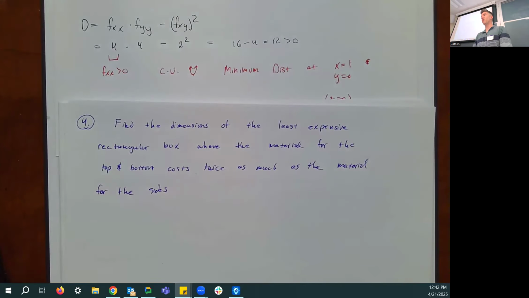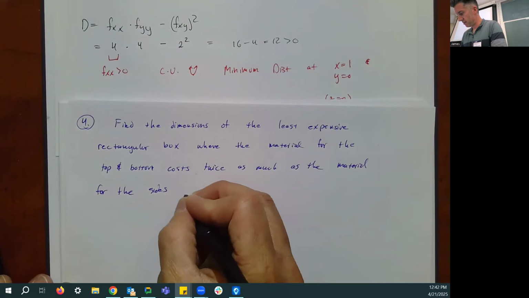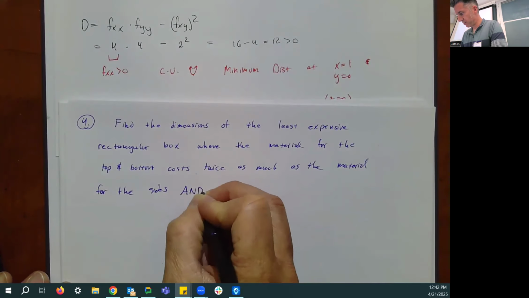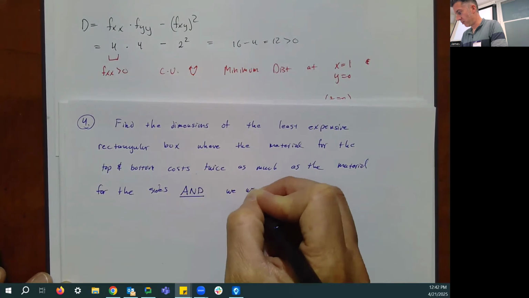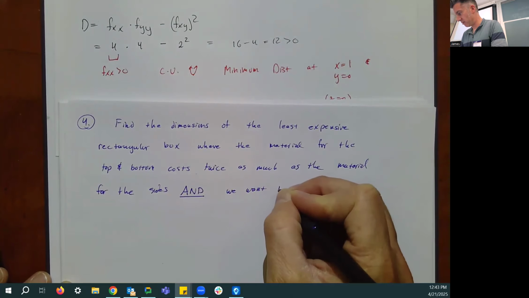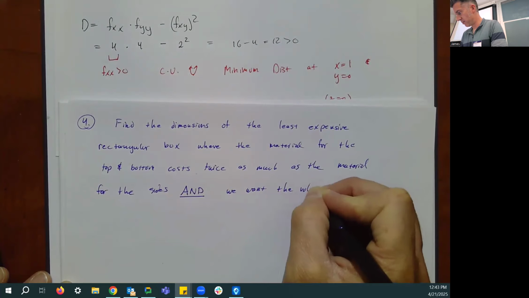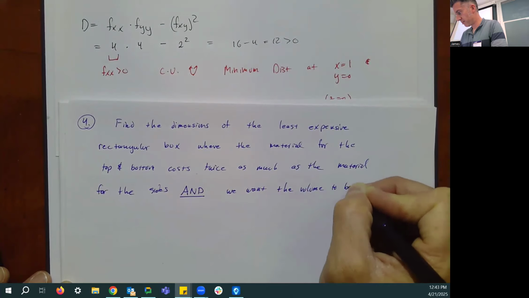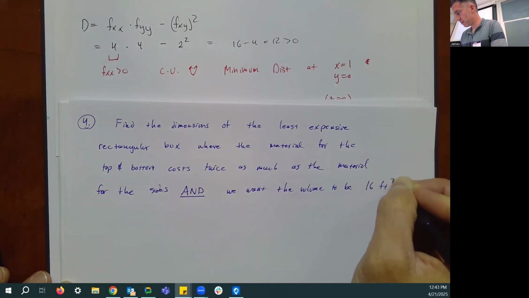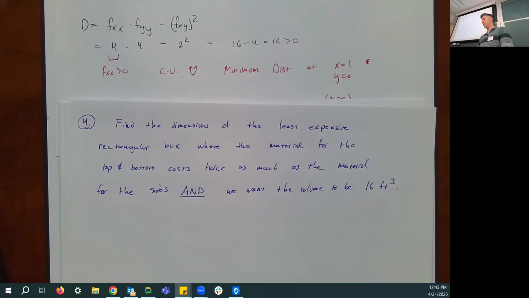So far, I haven't given you a constraint. If we read this question, all we know is we're trying to minimize the cost, and we have a way of setting up the equation for the cost. And we want the volume to be 16 cubic feet. Now we have a constraint.